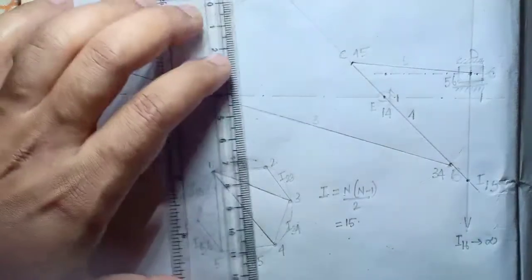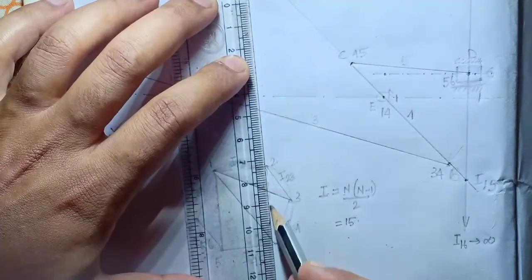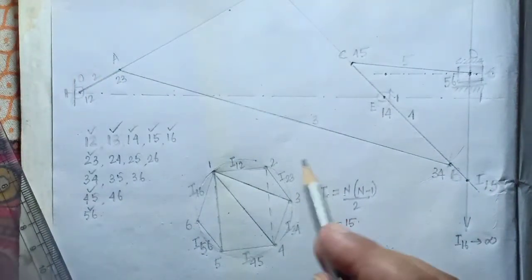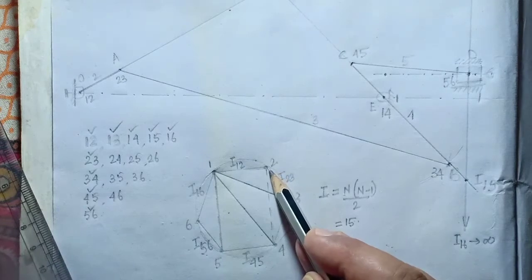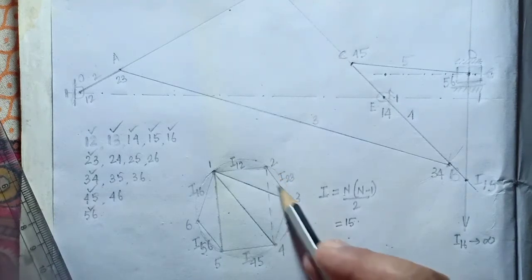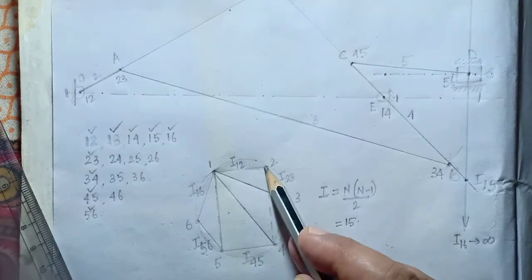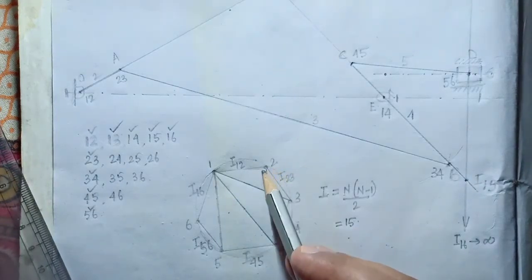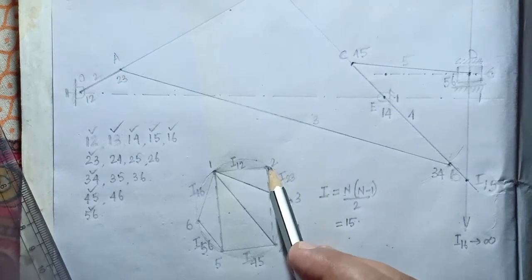Now our motto is to find I24. So just join 2 to 4 by a dotted line. From 2 to 4 we need to choose two paths. First one, 2 to 3, 3 to 4. This is the one and only path at the right hand side, and at the left hand side we have so many paths, but we need to observe whether these paths are connected or not.